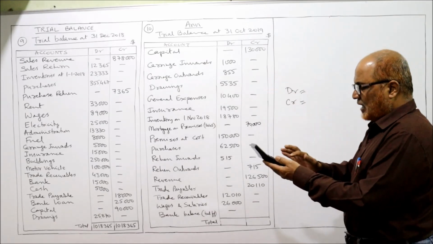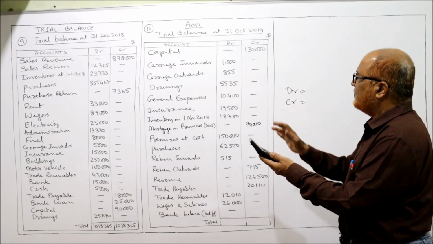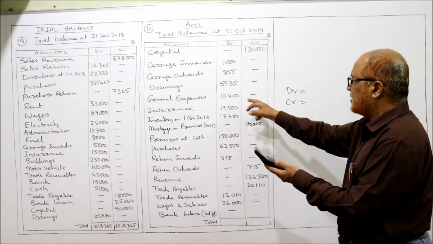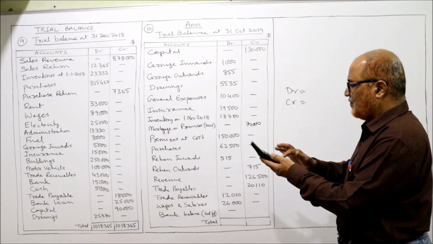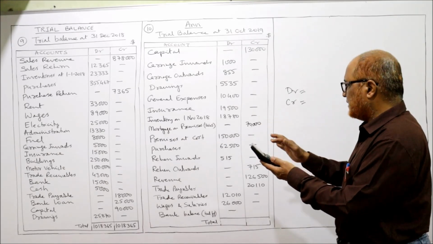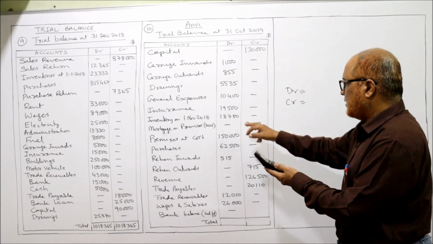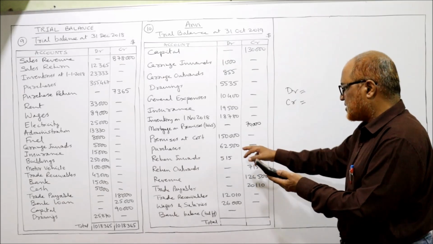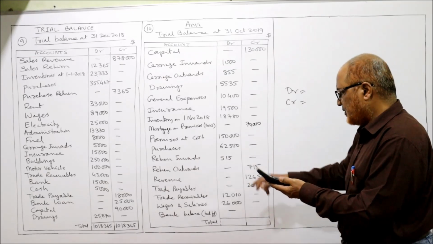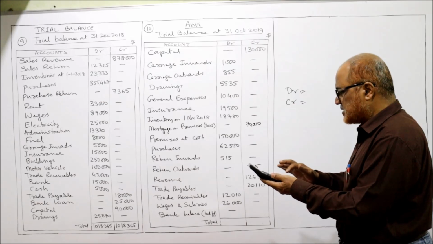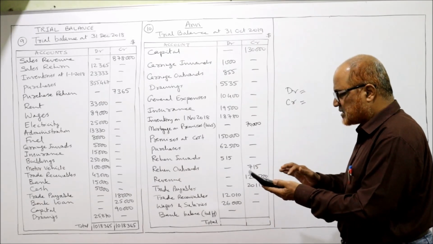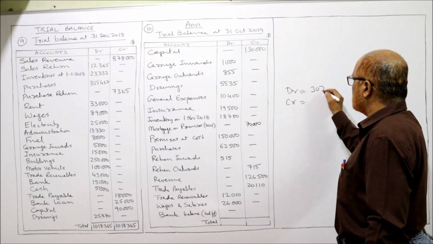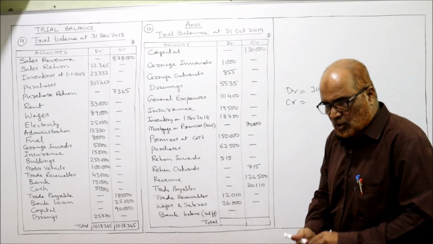Debit total 1,000 plus 855 plus 5535 plus 10,400 plus 19,500 plus 18,780 plus 1,50,000 plus 62,500 plus 515 plus 12,010 plus 26,000. It comes to 307,095. This is the total on the debit side.